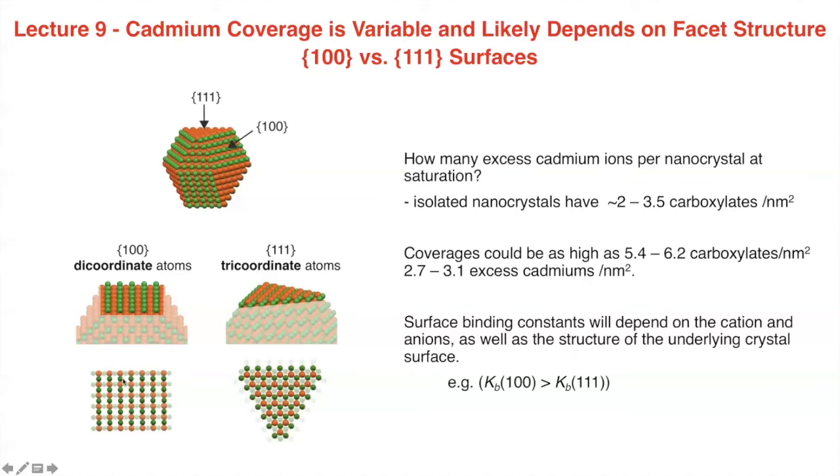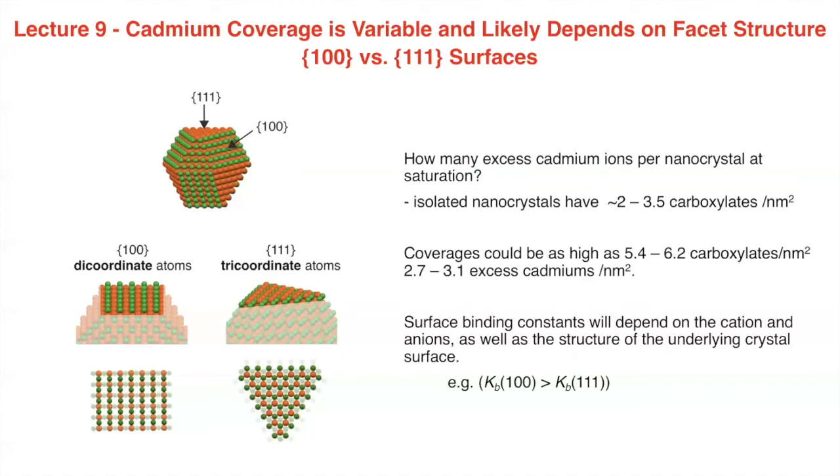So if you consider ligand binding to these surfaces and where those ligands might possibly sit, you will find that the binding of ligands will depend upon the facets. So binding to a 100 surface might be much stronger than to a 111 surface because the electrostatic potential is higher. There are 2 dangling bonds missing, and so there's a lot more positive charge exposed on that 100 surface than on the 111 surface.